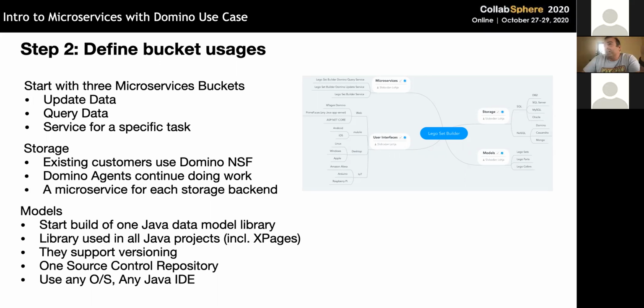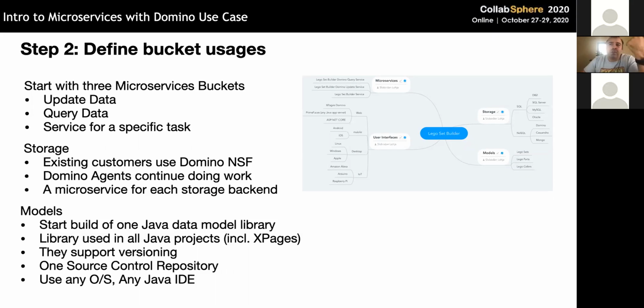If you had a notes database that submitted a form or whatever agent you have, or formula language, they can all be different microservices. You can bundle them in, or you can consolidate them.